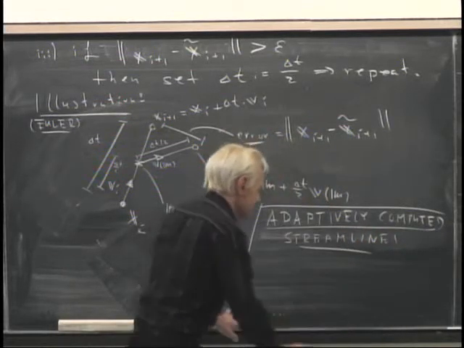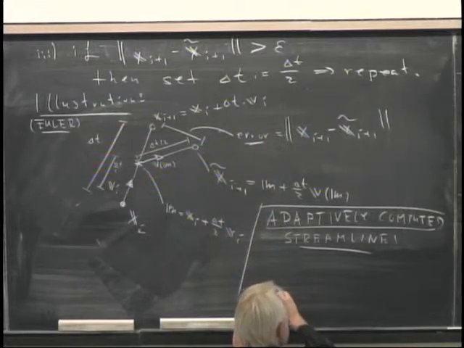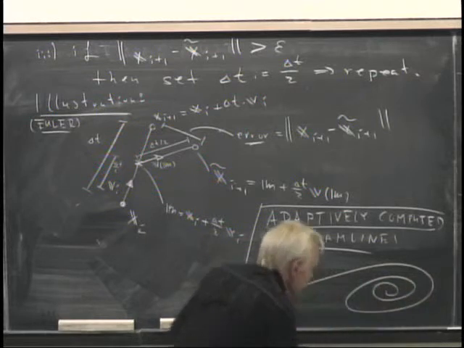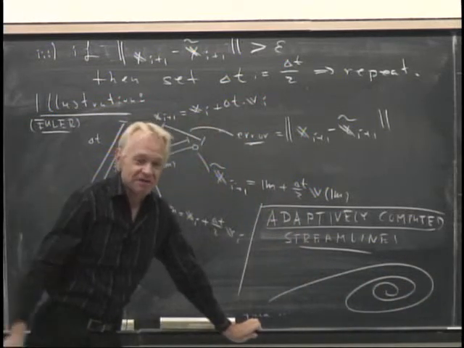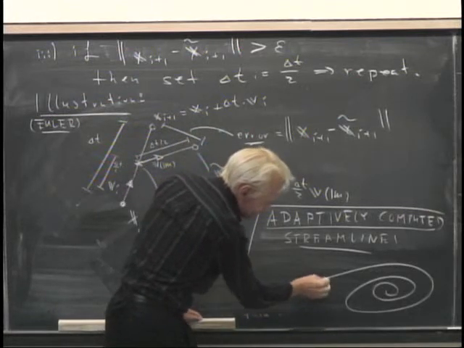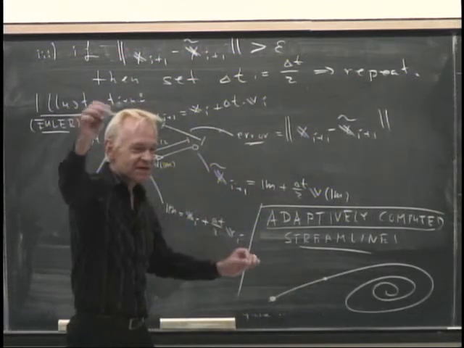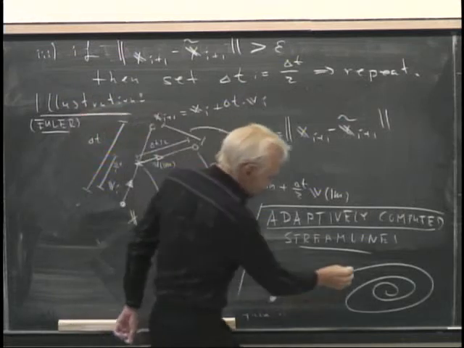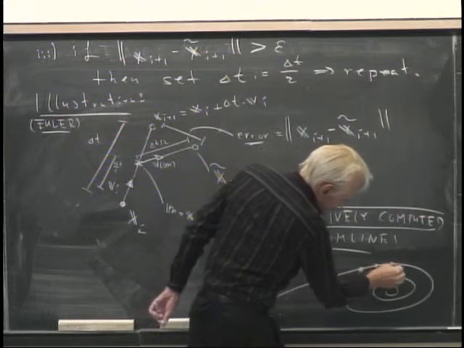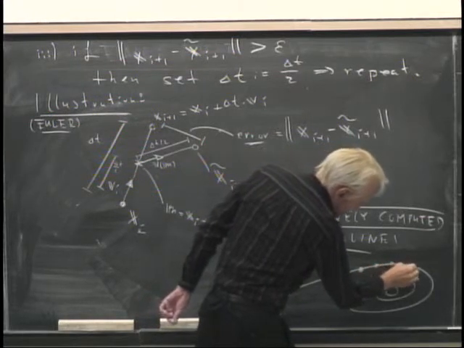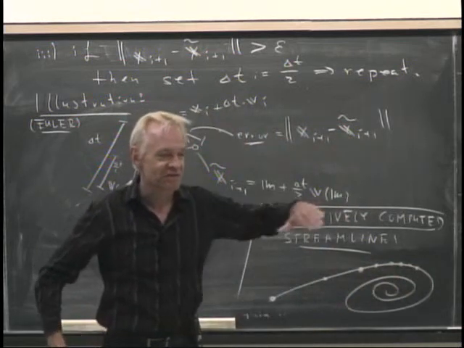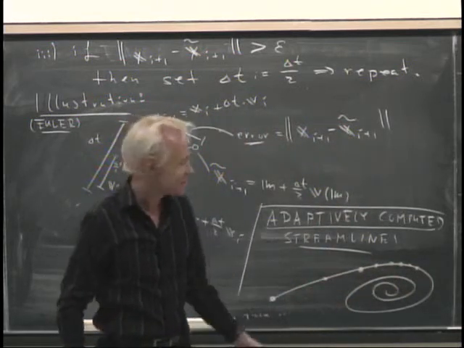So if you have a flow field that looks like this, okay, and you use adaptive time stepping, then you will have a big spacing between the points that lie on the nearly linear stretches of the streamline, but then the spacing will shrink more and more when the streamline becomes more and more curved and the error grows tremendously.